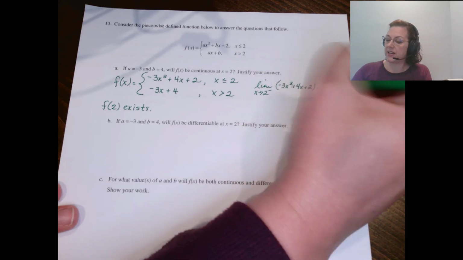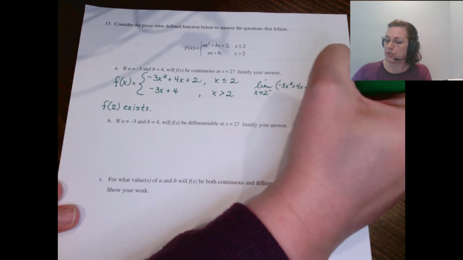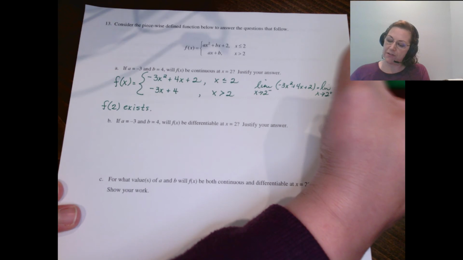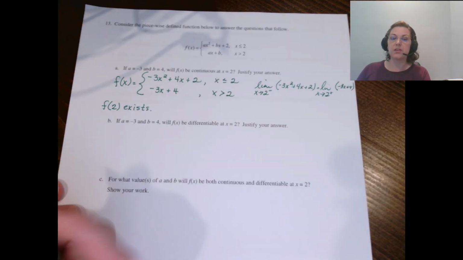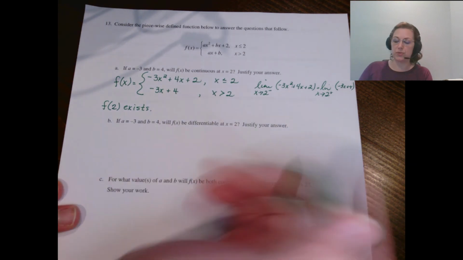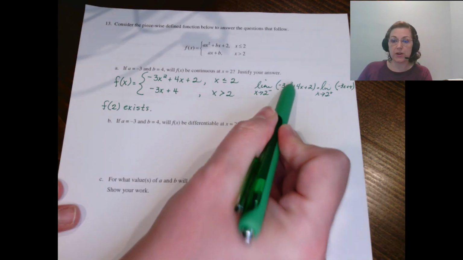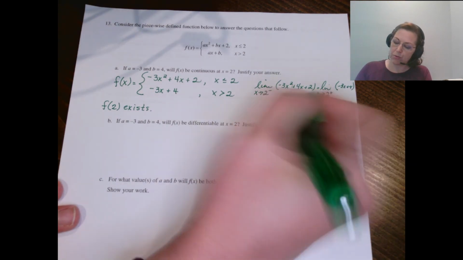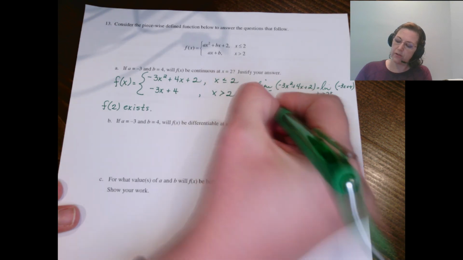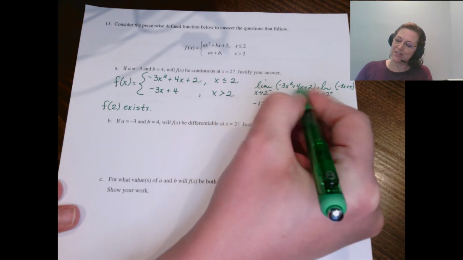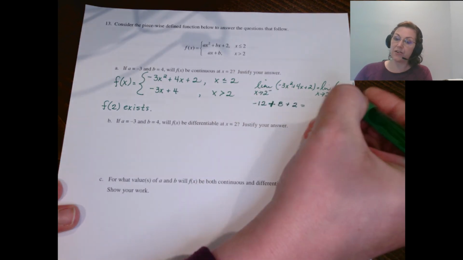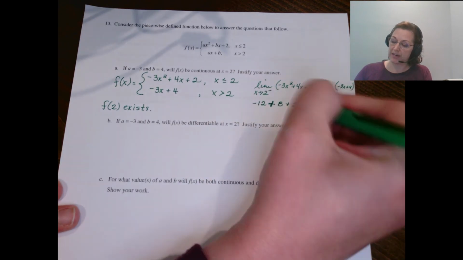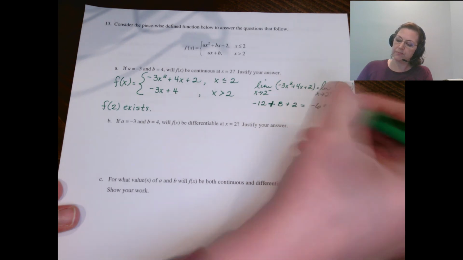And then we'll set that equal to the limit as x approaches 2 from the right. And for that, we'll use the second piece. Now we'll plug in 2. Let's see what we get. 2 squared is 4 times 3 gives me -12. Oops, plus. 2 times 4 is 8 plus 2. And then over here, -3 times 2 gives me -6 plus 4.